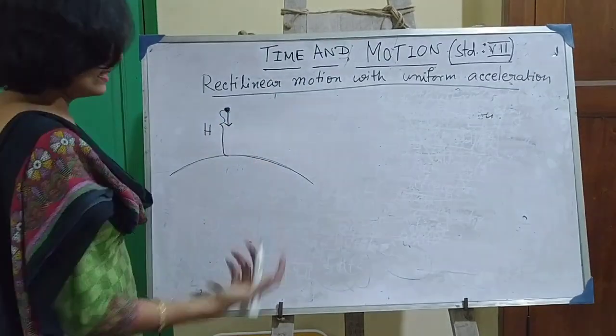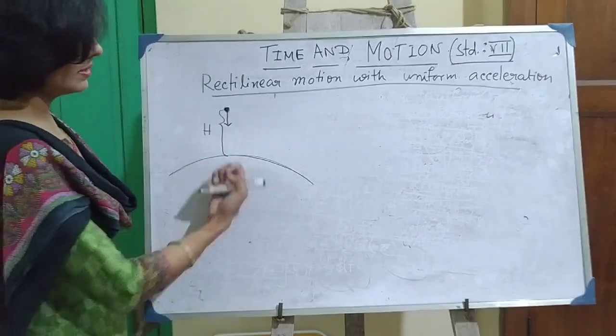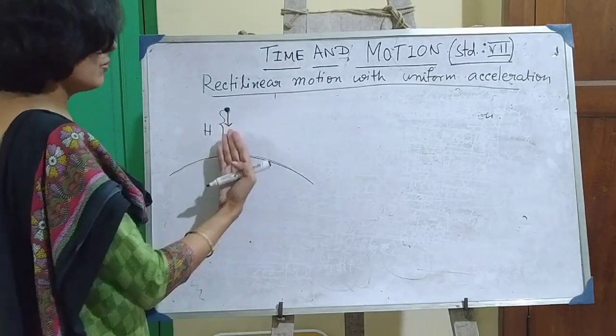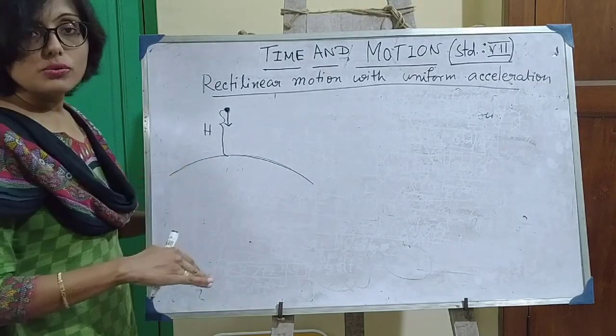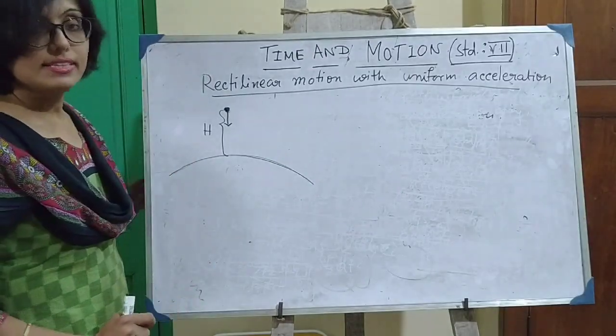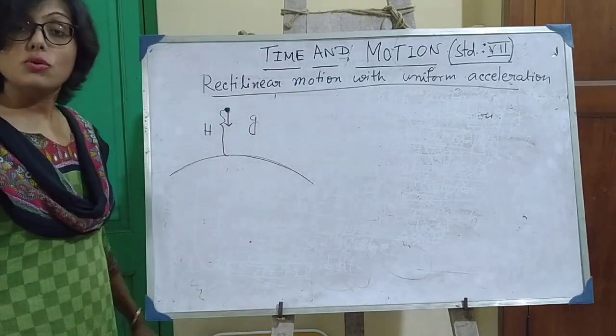Since the external force acting on the body is nothing but the gravitational pull of earth, or gravity, the body will move with a uniform acceleration, and that acceleration is nothing but the acceleration due to gravity, small g. Why?